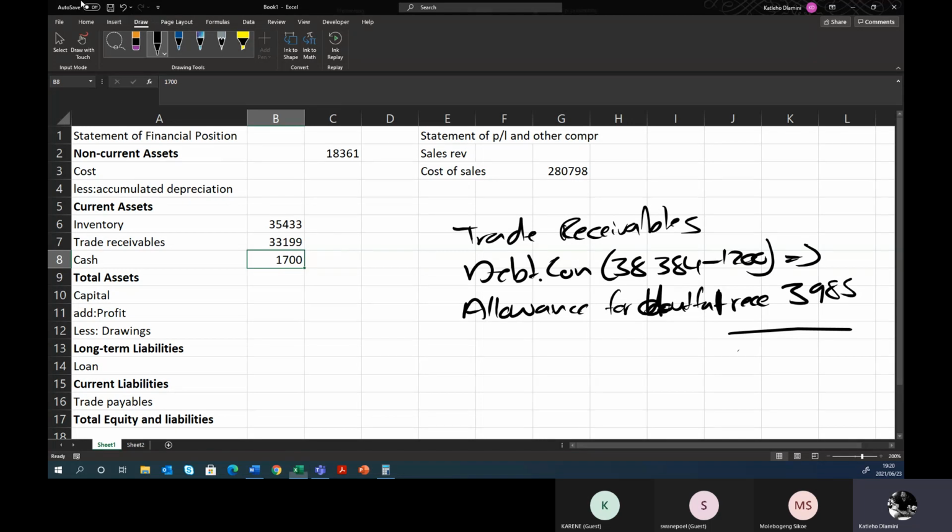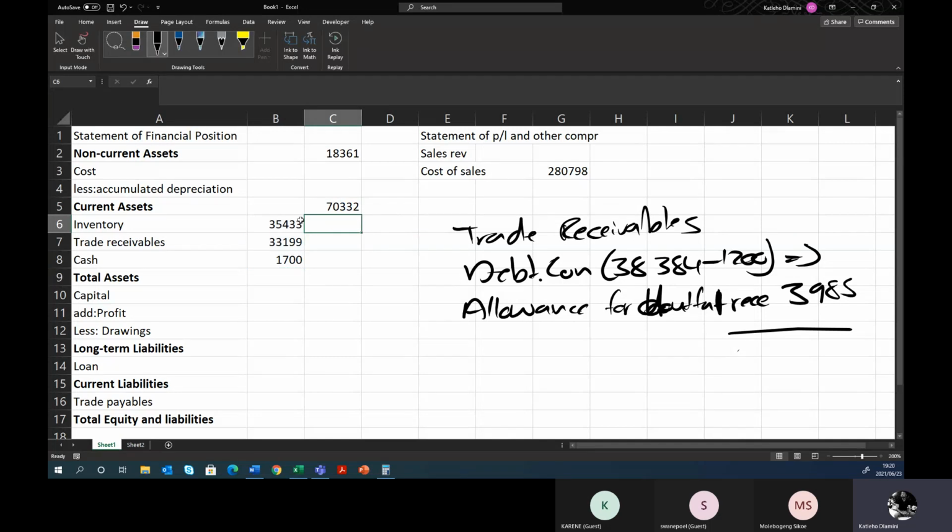Okay, fine, done with that. Cash in the bank was 1.7, like I said. So if I look over here, we are fine on this one, we are fine on this one, and this one. So our current assets is going to be the sum of these three.